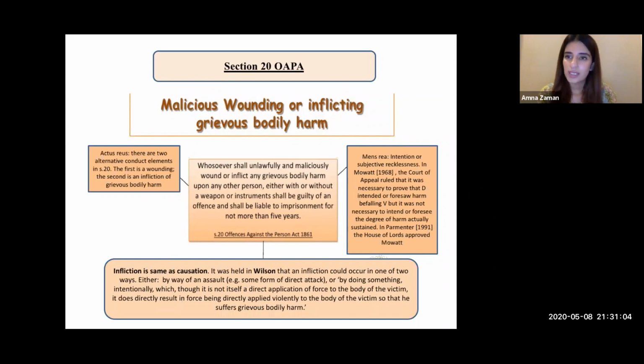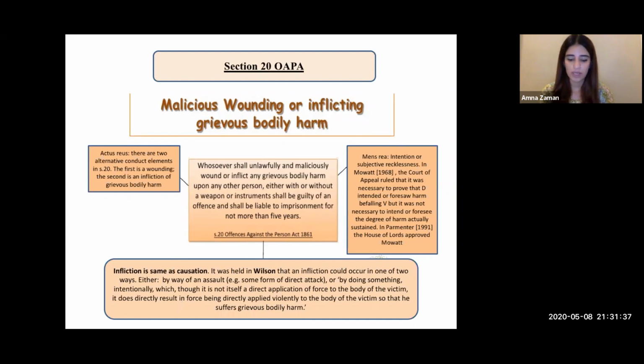Unlike Section 18, which requires specific intent and is a crime of ulterior intent, the mens rea for Section 20 is subjective recklessness. In the authority of Mowatt in 1968, the Court of Appeal ruled that it is essential to prove that the defendant either intended or foresaw harm befalling the victim.